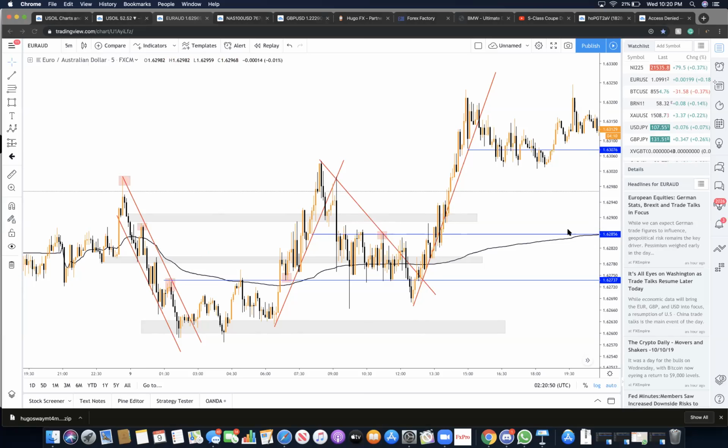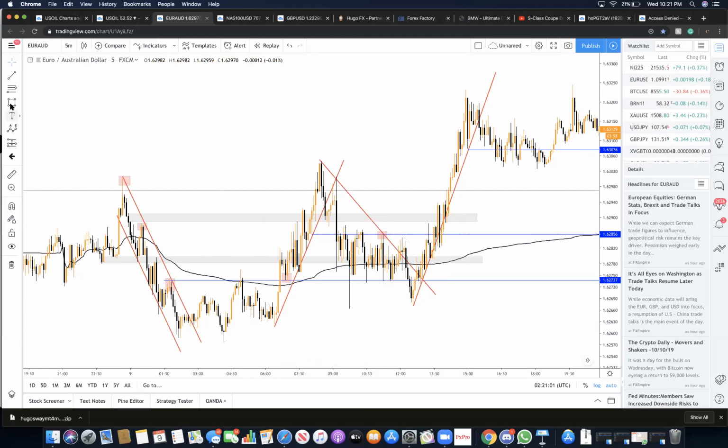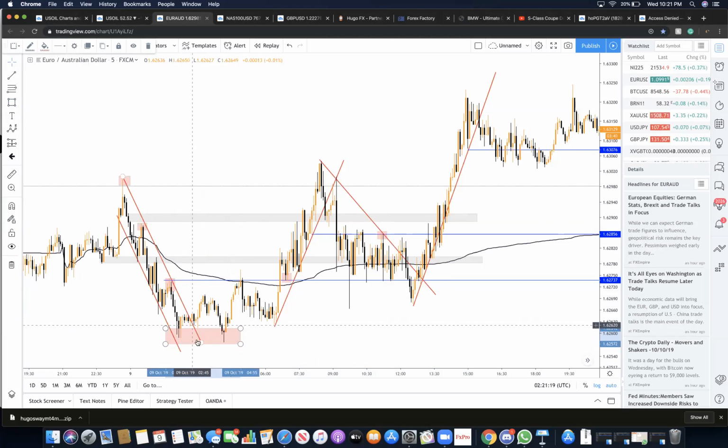Which zone do you want me to identify, Bianca? The bottom one. All right, so if I take my low, let's say I went from this low to the previous low. If I took it from here to here, we see low and low, low representing where the market hit and then turned.